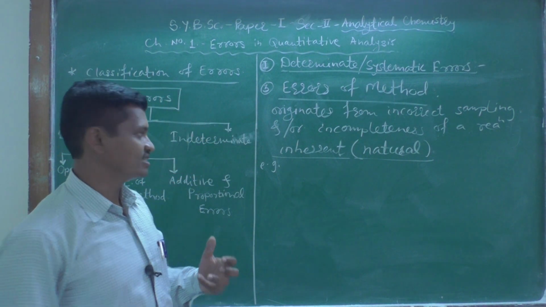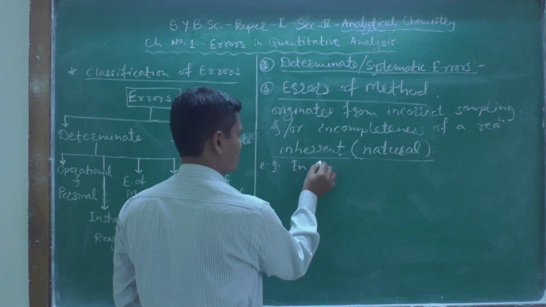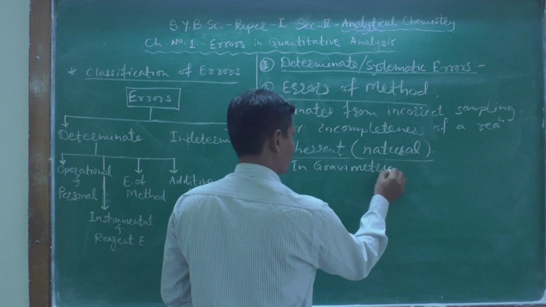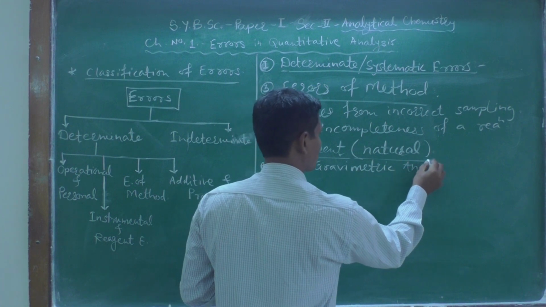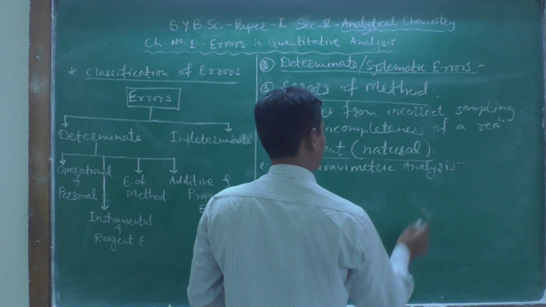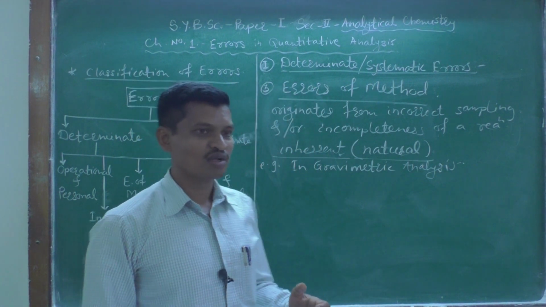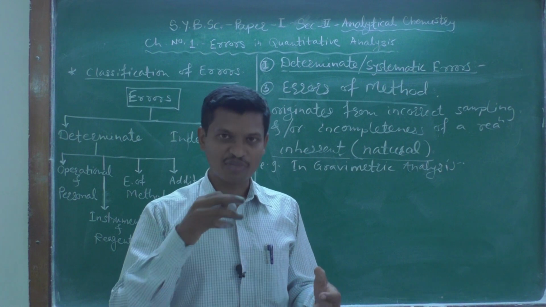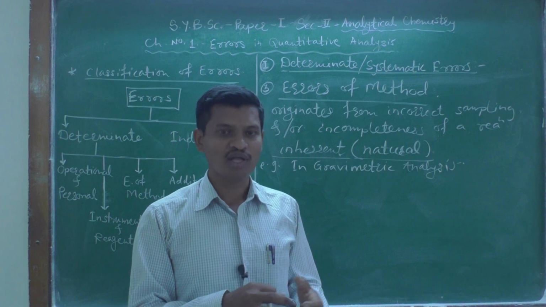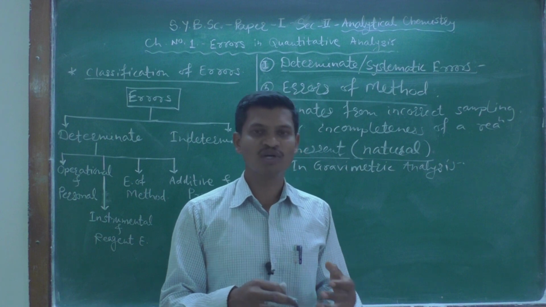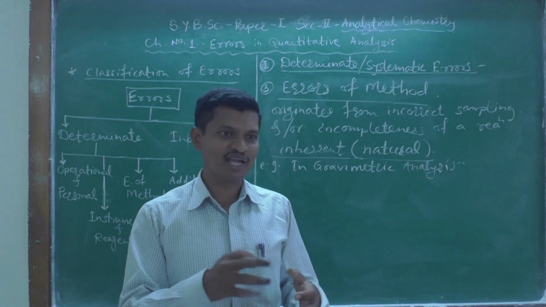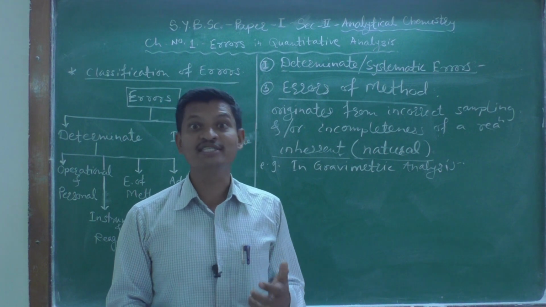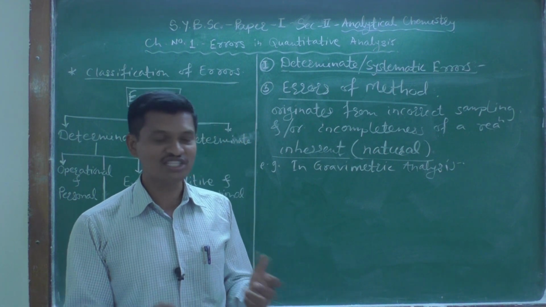In gravimetric analysis, what is the actual procedure? We are precipitating one of the compounds, and after precipitating we dry that substance, and after drying we ignite that substance. That procedure is called incineration, means burning, or ignition.